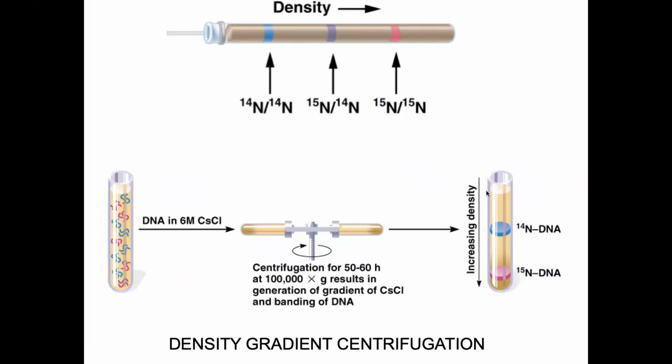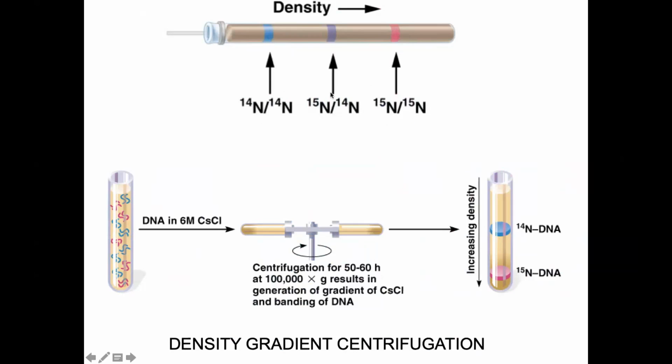They chose nitrogen because there's lots of it in DNA in the form of the nitrogenous bases. So if you had fully N14 labeled DNA, that would be the low density, so that would band out at the top of your gradient. If you had fully N15 labeled DNA, that would band at a higher density position within your gradient, so at the bottom of the tube.